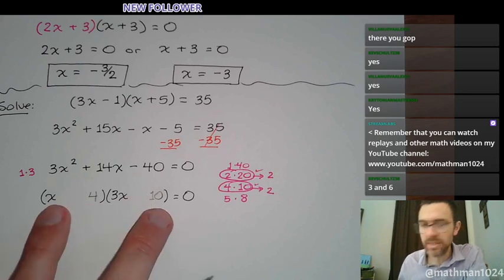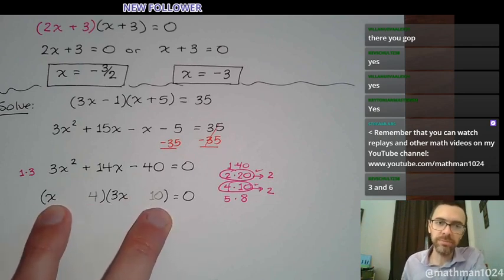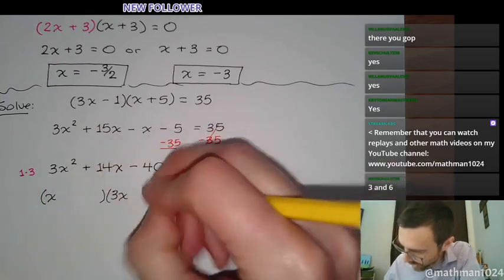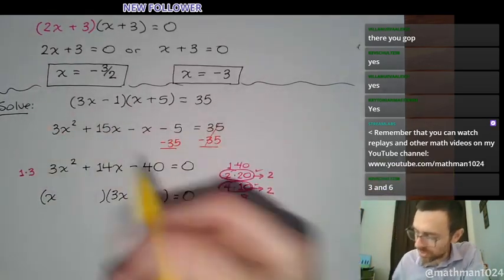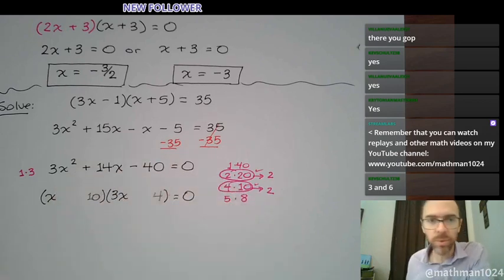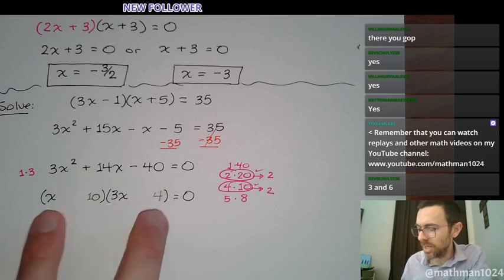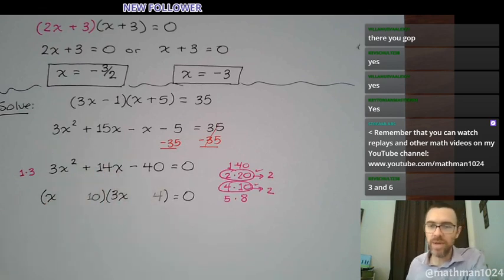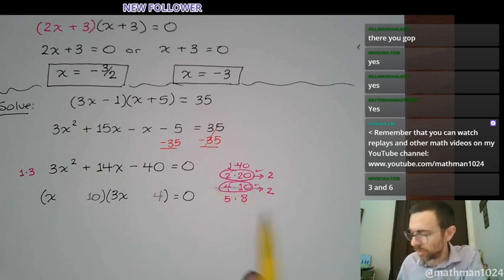Well, 12 and 10 don't subtract to 14. So that's a bad combination. So let me erase the 4 and the 10 and swap their positions and see if that makes a difference. Let me put 10 here and 4 here and see what we get. That's 30 and 4, but 30 and 4 don't subtract to 14. They subtract to 26. So 4 and 10 is not a combination that's going to work.